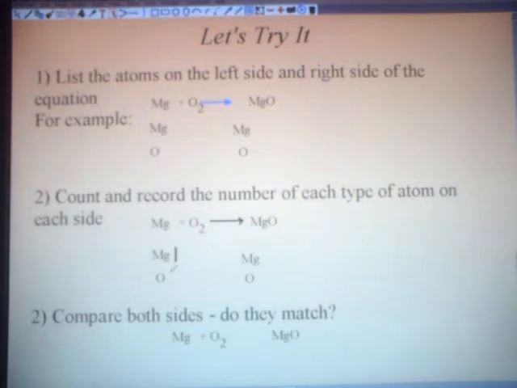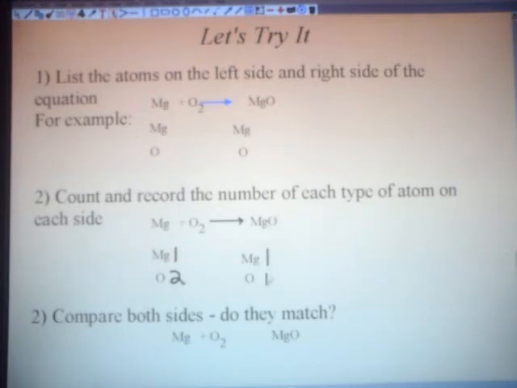I have 2 oxygen on the left-hand side of the equation. On the right side, how many magnesium do I have? Excellent. I have 1 magnesium. And how many oxygen do I have? Excellent. I have 1 oxygen on the right-hand side.